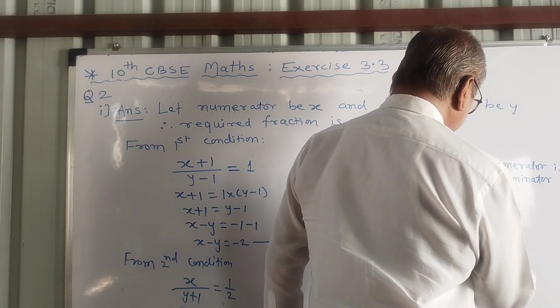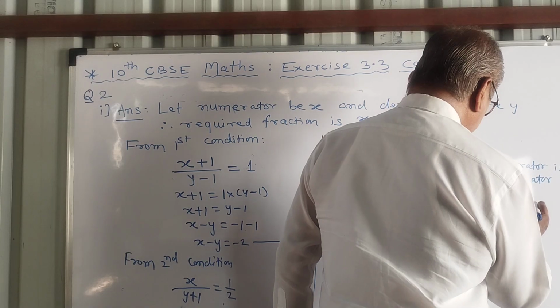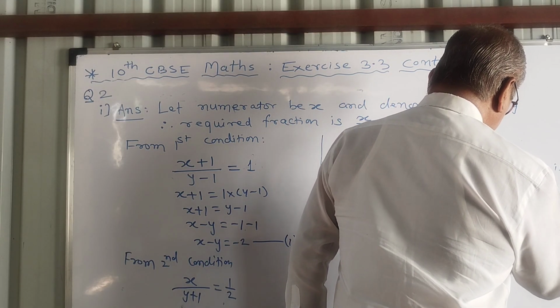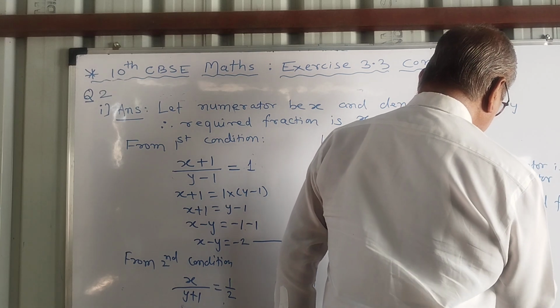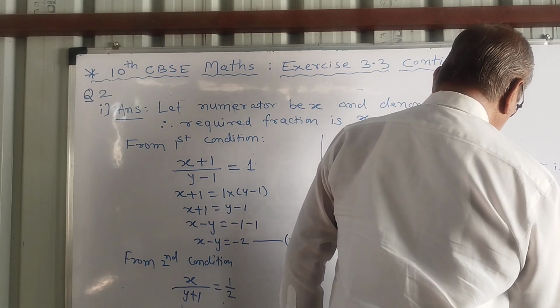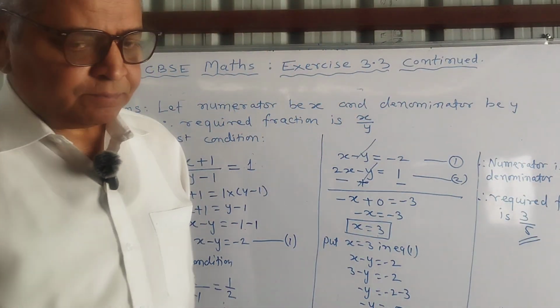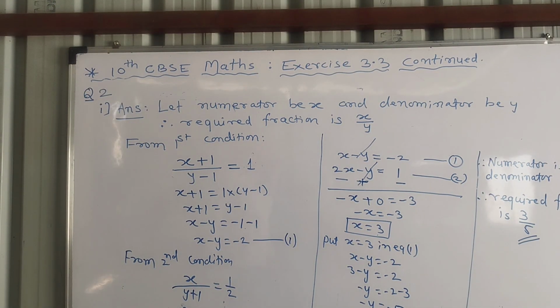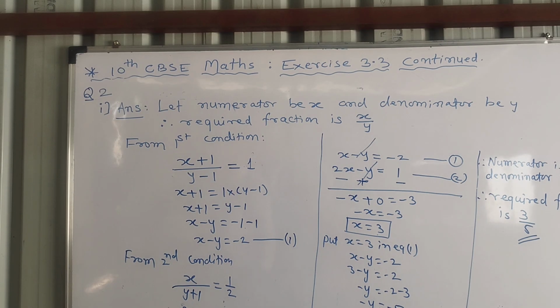Therefore final answer, required fraction is 3 upon 5. So this is our final answer. Now we will start sub question 2.